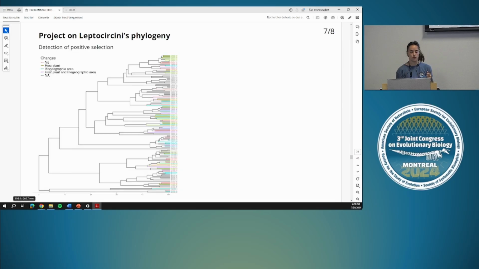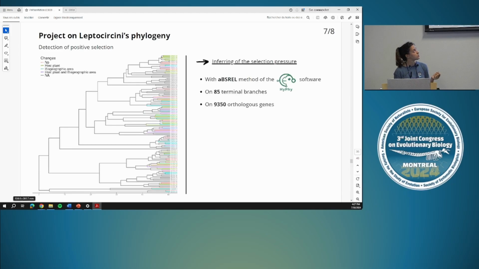This phylogeny of the 150 species of Leptocercini shows the branches selected and the category assigned to each. Unlike the earlier study, we began this study by selecting only terminal branches at the species level and not at the genus level.